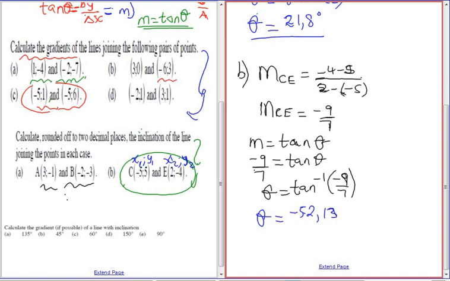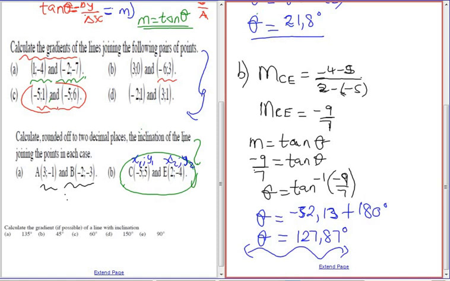Because this is negative, all you need to do is add 180 degrees. When you add 180 degrees, you should get your theta of 127.87. All right? This is very simple, I should think.